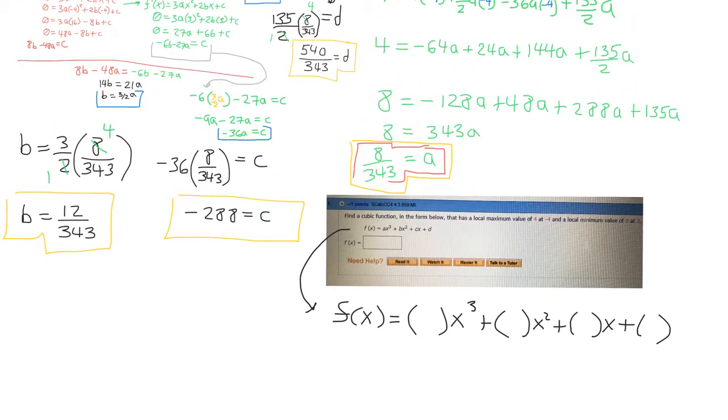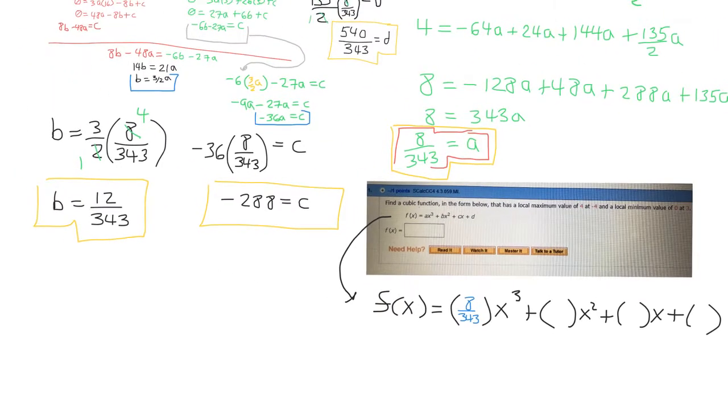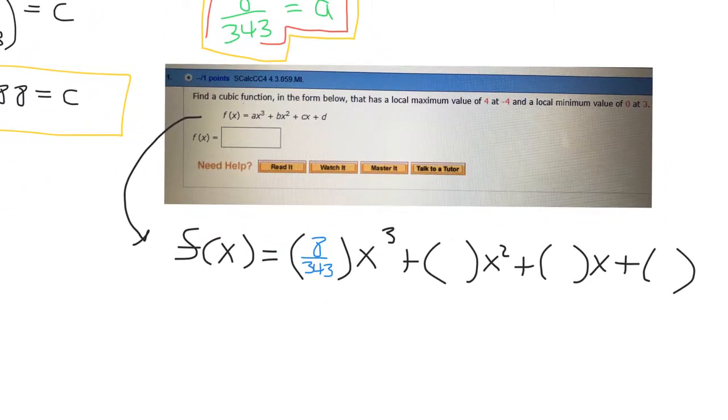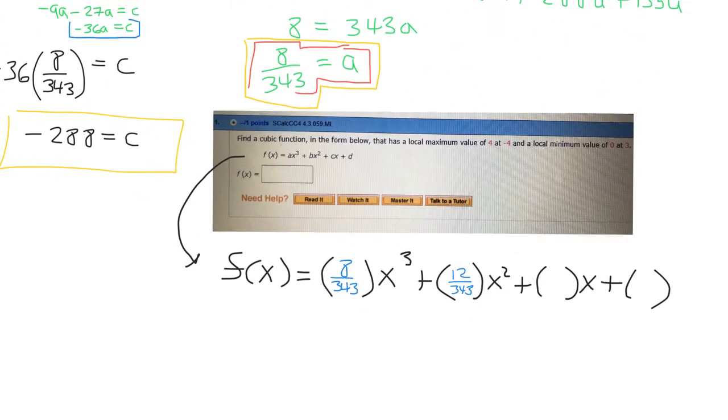A is 8 over 343, B turned out to be 12 over 343. C turned out to be negative 288.